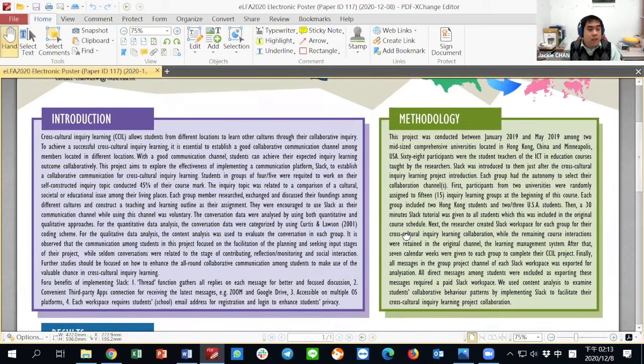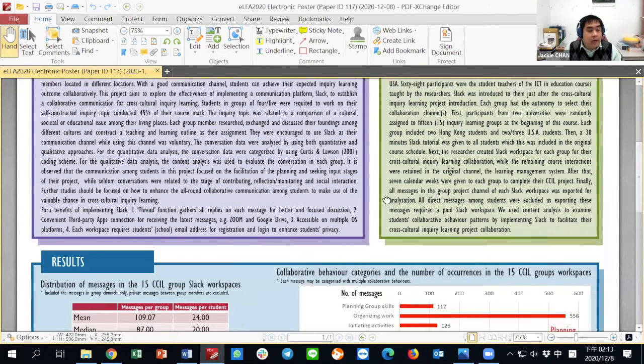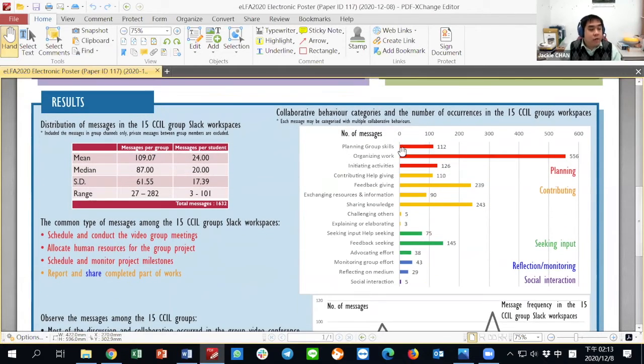So why do we call this cross-cultural inquiry learning? This is because the inquiry topics relate to a comparison of cultural, social, or educational issues among their living places. In the inquiry process, students can learn the same topic in other cultural settings, which means that students from Hong Kong can learn from the USA students, and the other way round also.